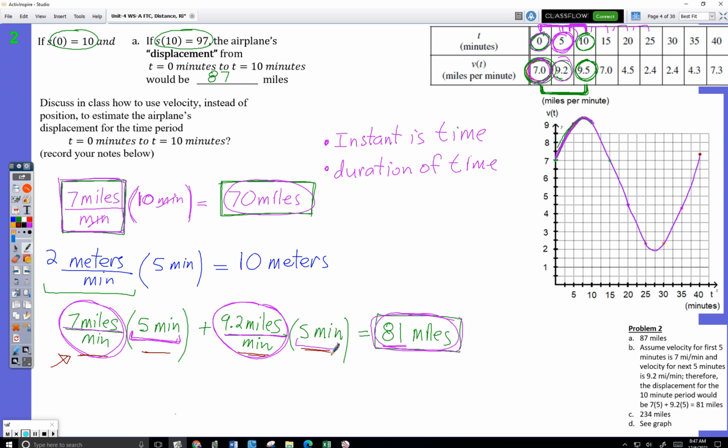There was an AP problem years ago that talked about snow falling on a driveway. And it said the snow was accumulating at a rate of 7 cubic feet per hour. It's just a rate. You multiply that rate by how much time goes by, you can calculate how much snow actually accumulated.